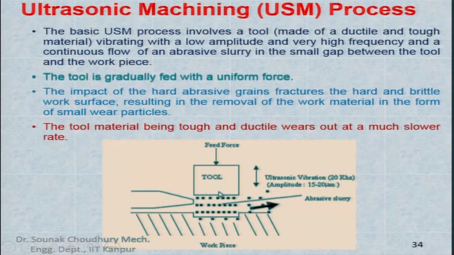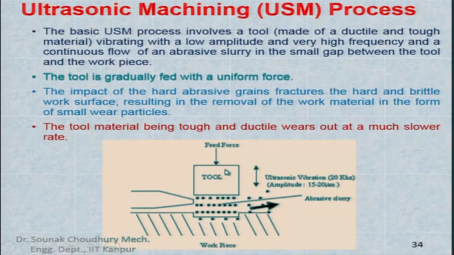Here in the line diagram you can see that this is the tool. This tool is made of a ductile and tough material, vibrating with a low amplitude and very high frequency. The frequency here is set up to 20, but it can go up to 25 kilohertz also.